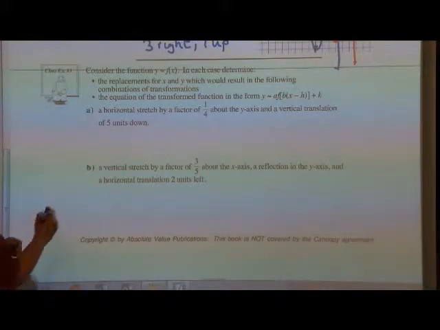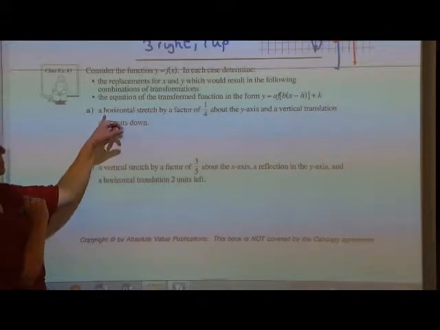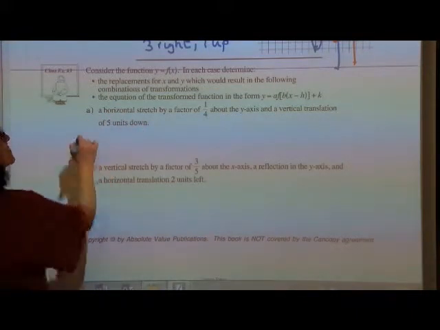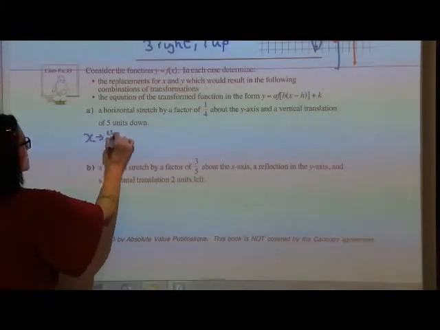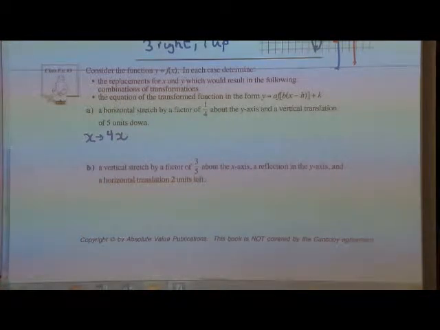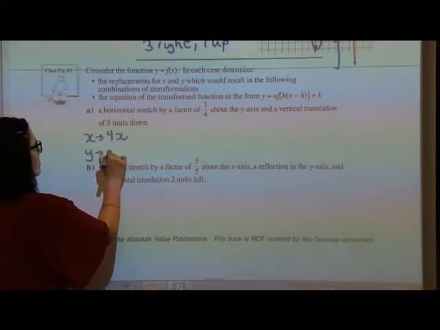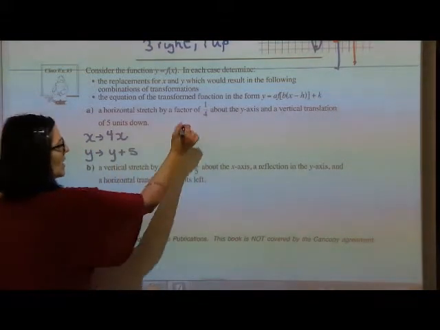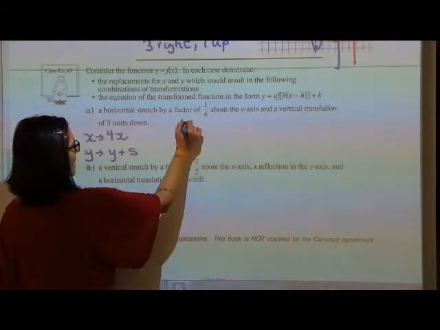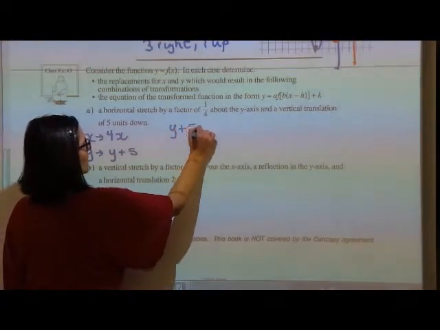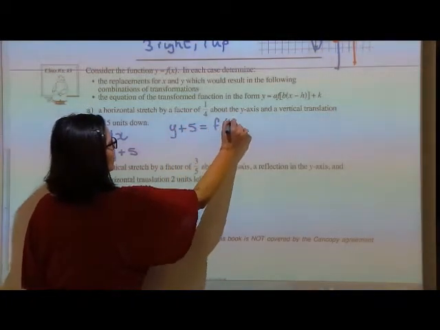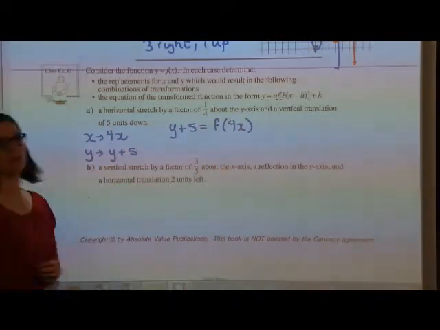Y with a 4y. X with a 4x. There we go, x with a 4x. And what else? Y with a y plus 5. So my equation of y equals f of x becomes y plus 5 equals f of 4x.